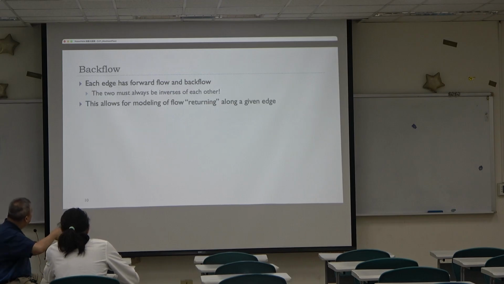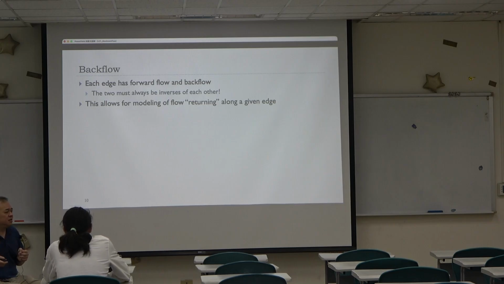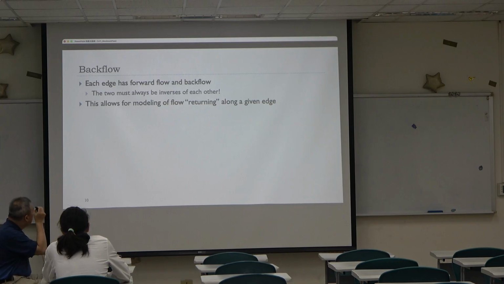Each edge has the forward flow and the back flow. Remember I mentioned this, and it looks strange, but the example I use here is really simple. I just want you to check out the example to see why you would model the backward flow.